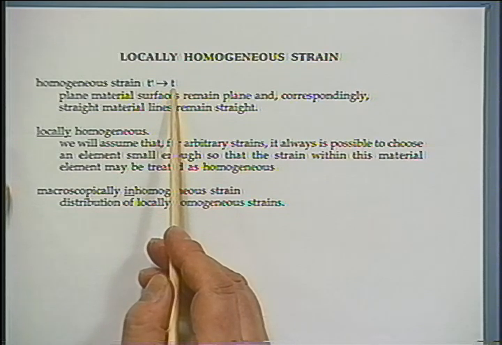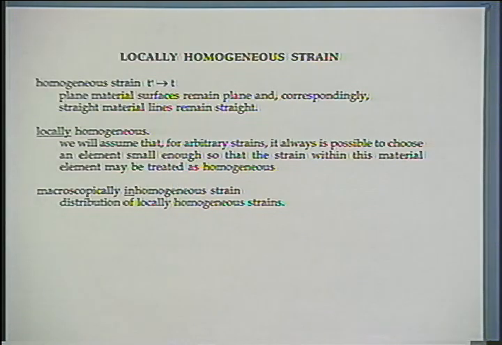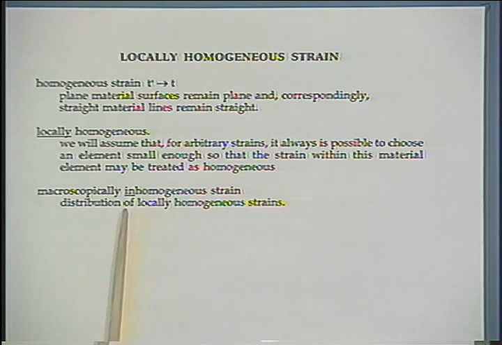And in that case of homogeneous strain, a straight material line, as drawn on the blackboard, will remain straight during the deformation, and also a plane, not a crooked surface, I mean a plane in that material element will remain plane during the entire deformation. That's the definition of a homogeneous strain.